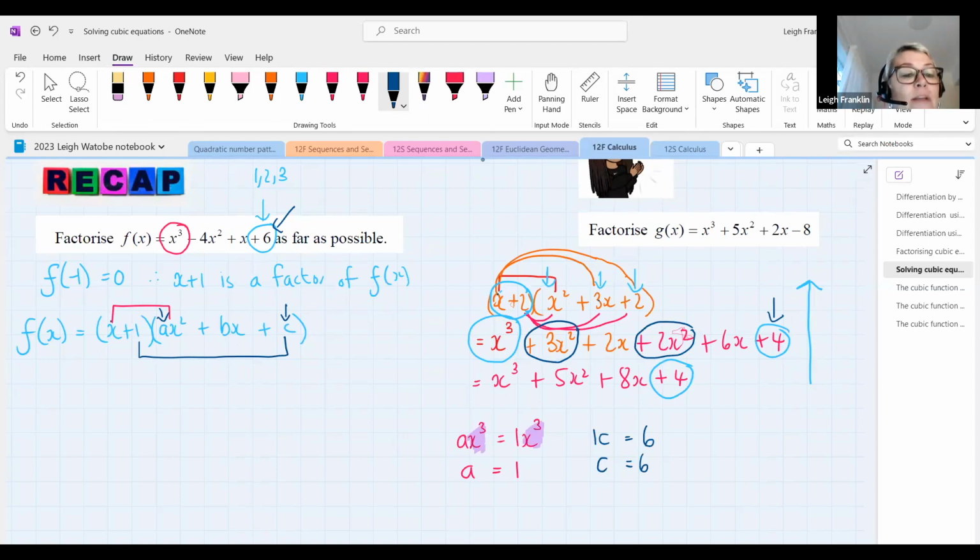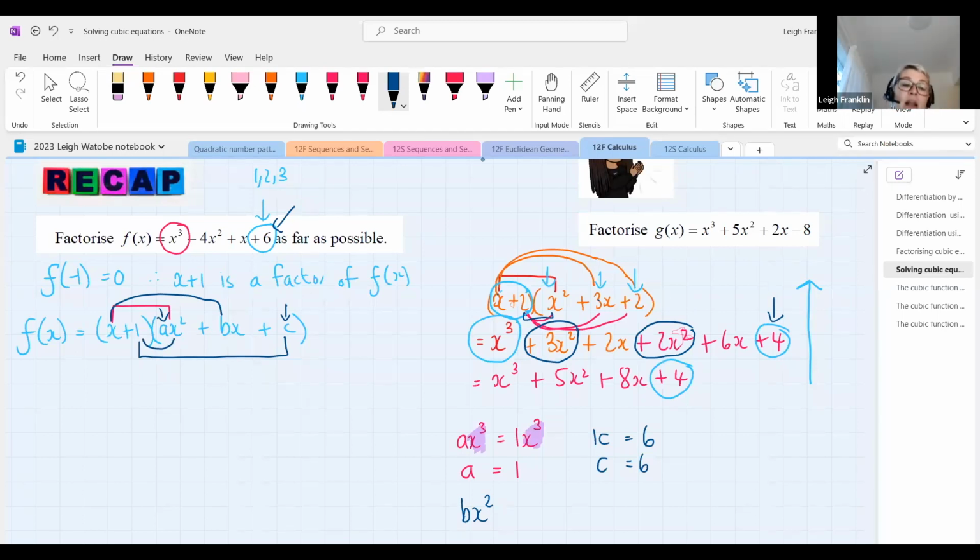We're multiplying x, the first term in the first bracket, with the middle term in the second bracket. So x times bx gives us bx squared. But we've got an additional x squared term. We've got 2x squared. That came from multiplying 2 in the first bracket with x squared in the second bracket. So we have to multiply 1 in the first bracket with ax squared in the second bracket.